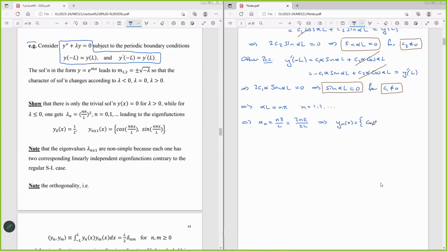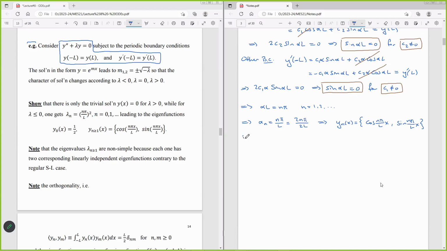So cosine n pi x over L and sine n pi x over L come as two linearly independent eigenfunctions for each eigenvalue, okay? So this is a degenerate case, right?